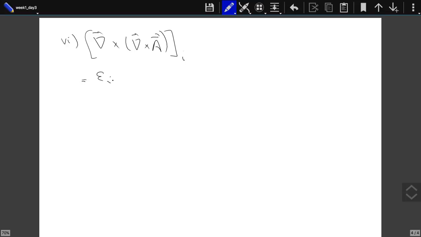This is equal to epsilon ijk, the j component of the first vector, times the k component of the second vector. Again, we have the k component of a vector field, so let us also write it out explicitly. Del j epsilon k, let me use the indices l and m.